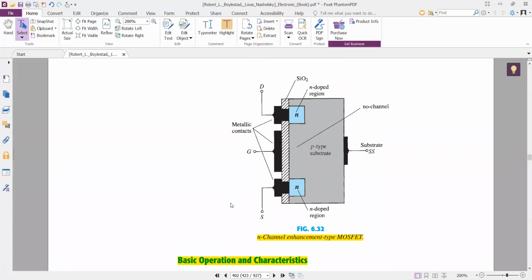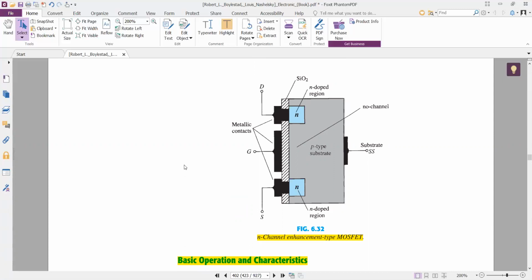So what will happen in this case if gate to source voltage is 0 and drain to source voltage is applied? Will any current flow from drain to source? The answer is no, as there is no channel.